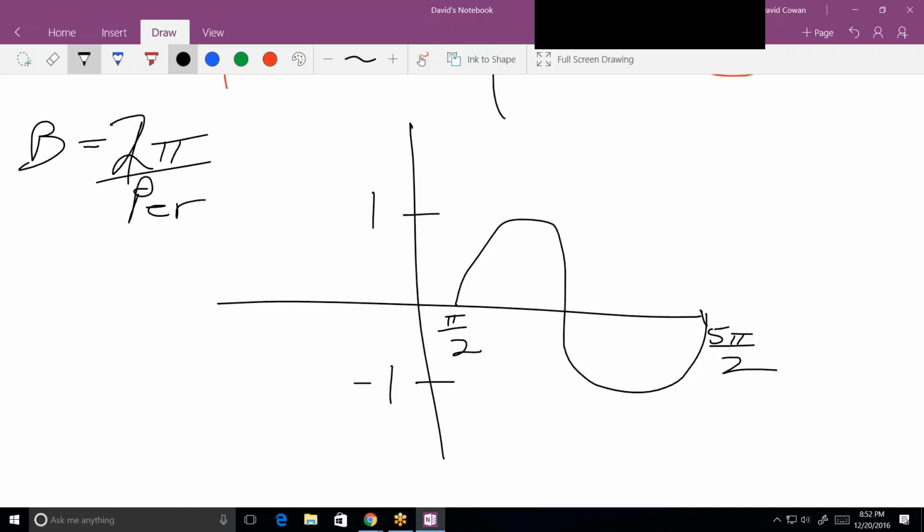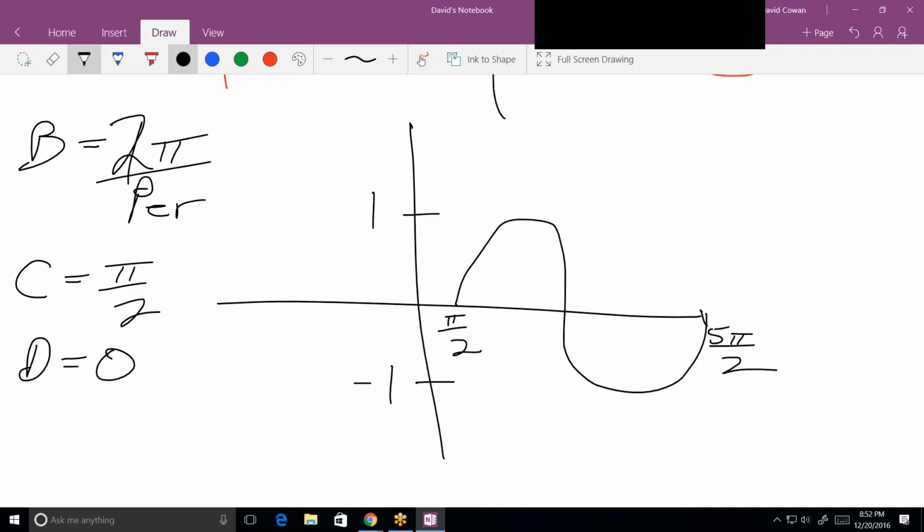That would be plus pi over 2. Okay. So C is pi over 2. And in this example, d is 0. D, incidentally, is the vertical shift. It's the easiest thing of all. It's just like a vertical shift with polynomial. Does not change the shape, merely moves it up or down.